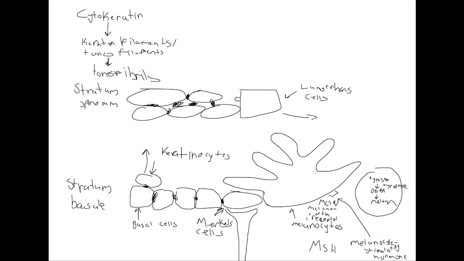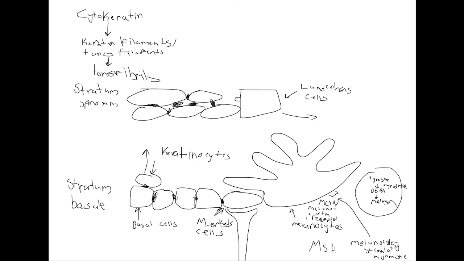So that pretty much concludes this. Just to recap, your stratum basale has basal cells, Merkel cells, and melanocytes, and these basal cells produce keratinocytes, which will move up because of the keratinocytes being produced at the bottom here. And as they move up, they'll become part of the stratum spinosum.